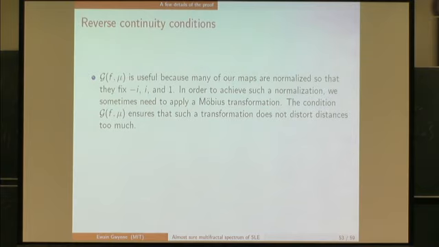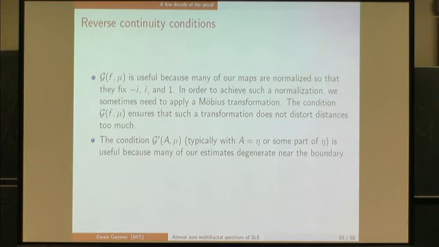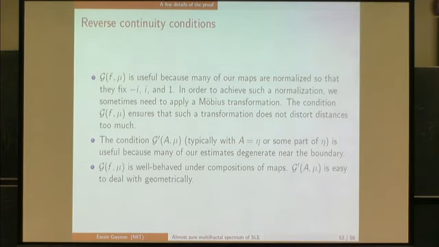And then the condition script G prime is important because a lot of our estimates are degenerate near the boundary of the domain, and so we want to keep stuff away from the boundary. And then the fact that these two events are equivalent is also extremely useful because script G behaves nicely under composition of maps.